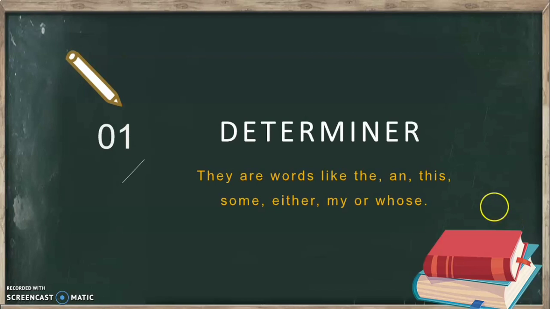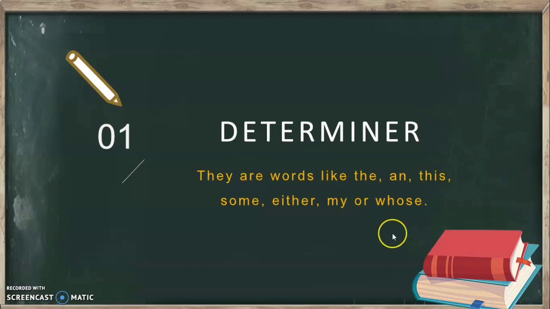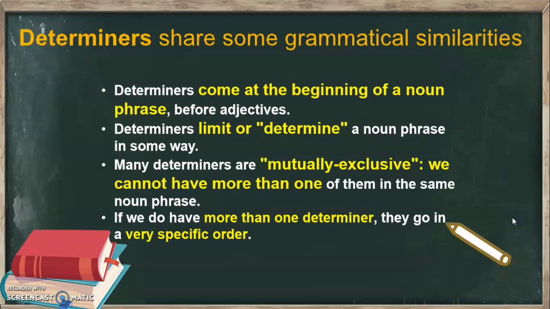Determiners are words like the, this, either, may, or whose, words that you are already familiar with, but they are used in a different way, or they have a different function in this series. Okay, so pay attention.